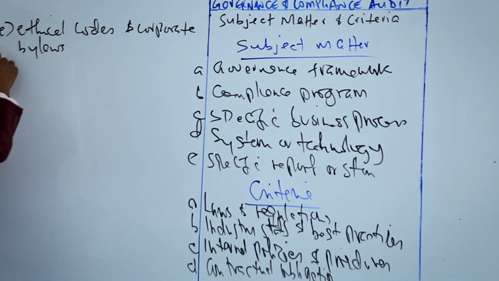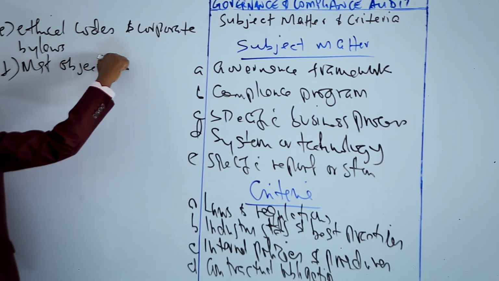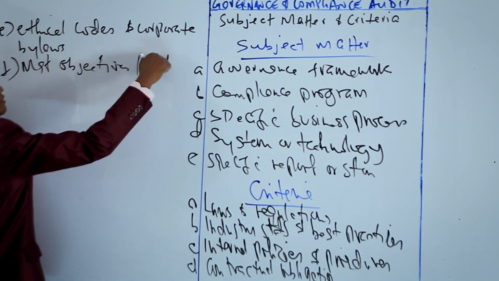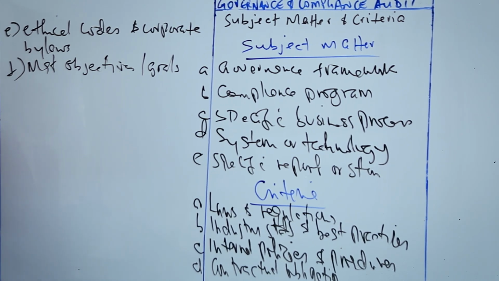Then we can lastly mention the management objectives and goals. Management objectives and management goals can also be an example of a criteria.